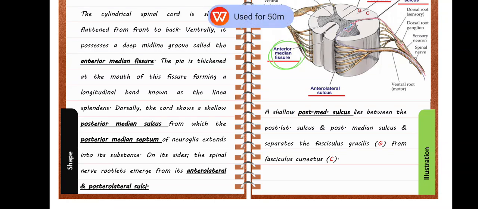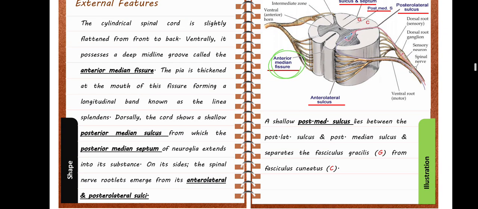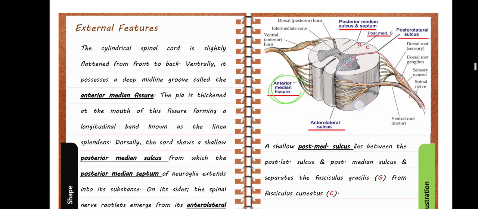Now, dorsally at the back, there's also a shallow groove. That groove is called the posterior median sulcus, from which the posterior median septum of neuroglia extends into its substance.